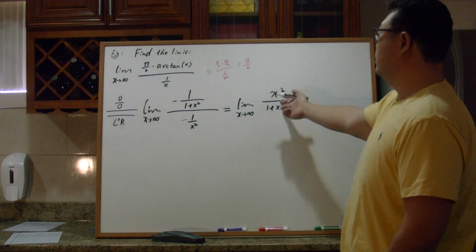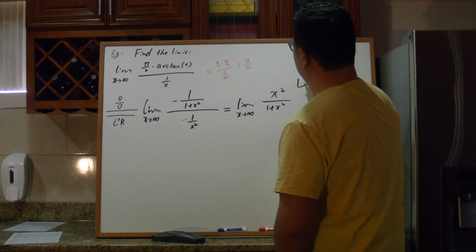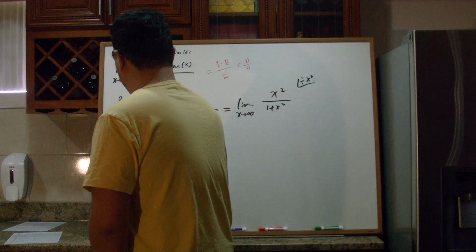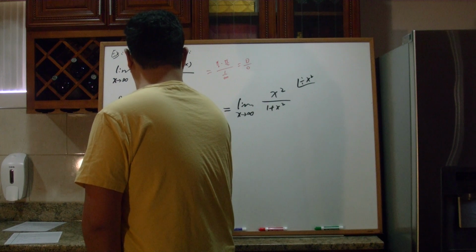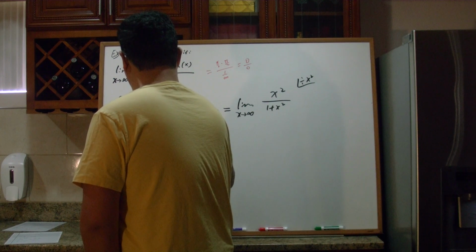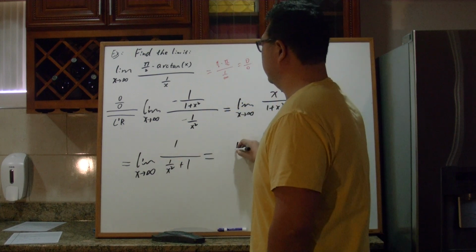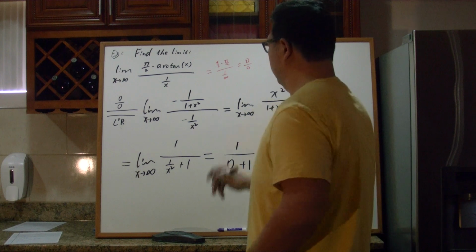You could apply L'Hopital's rule again since that's infinity over infinity, or you could divide by x squared to see what it is: 1 over 1 over x squared plus 1. Applying infinity, that's 1 over 0 plus 1, which is 1.